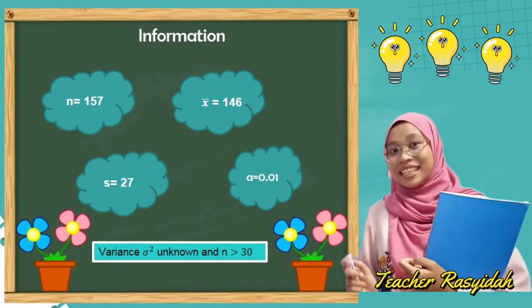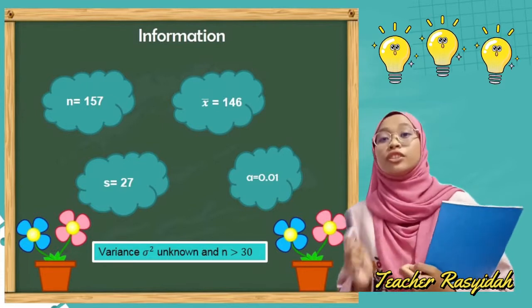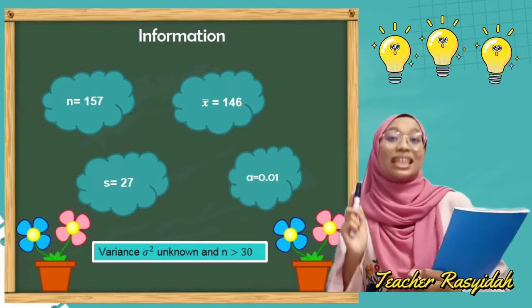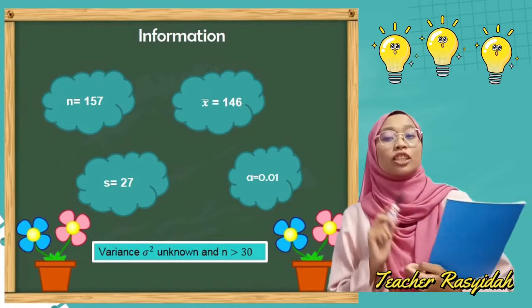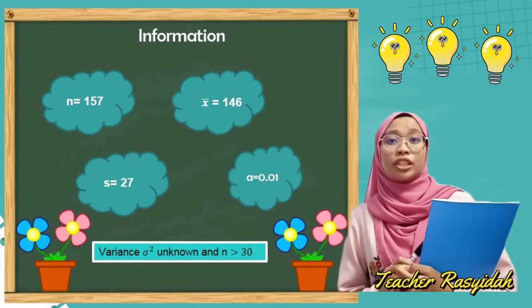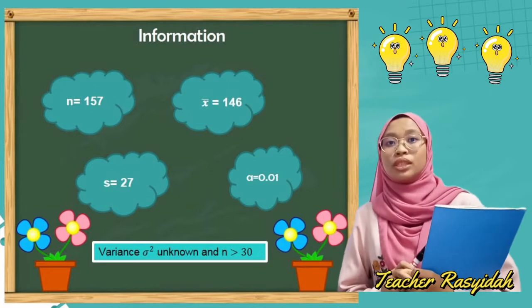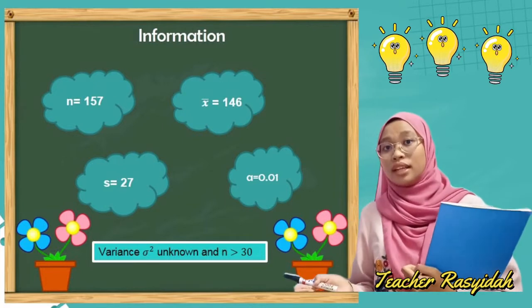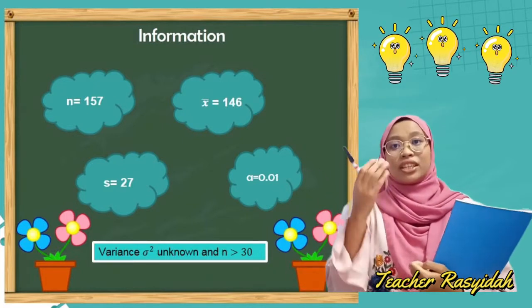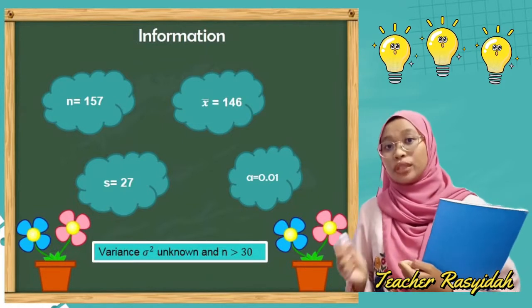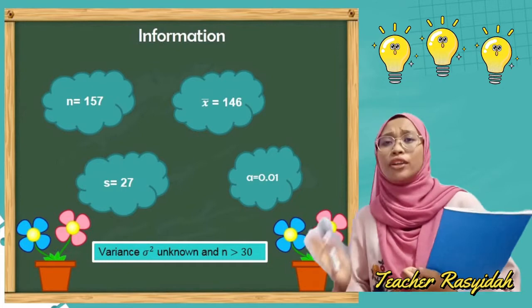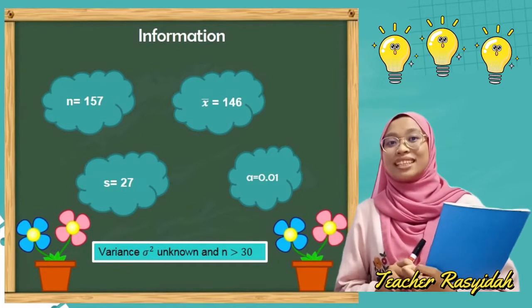And lastly, alpha is 0.01. My tip is, before we do the solution, we must take note of the important information from the question to know whether it is case 1, case 2 or case 3. From this information, the variance is unknown and the sample size is more than 30, so it is case 2.